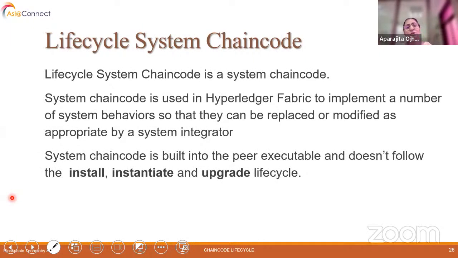System chain code is built into the peer executable, and it doesn't require the install, instantiate, and upgrade lifecycle, because there's nobody who will be doing it. It will be just for running the network. But remember that, again, it is a chain code.